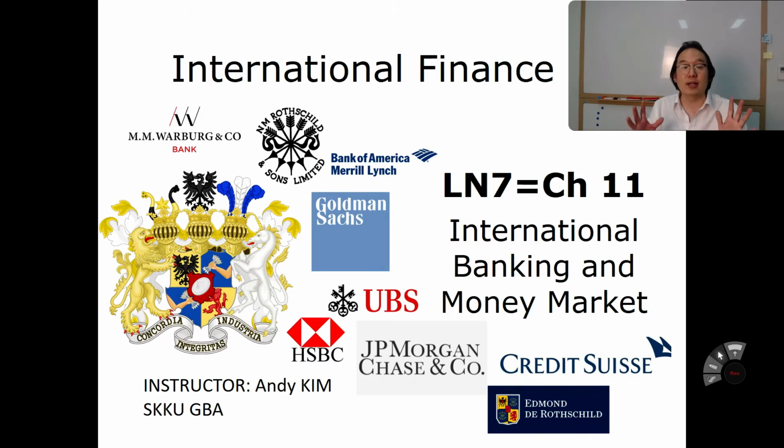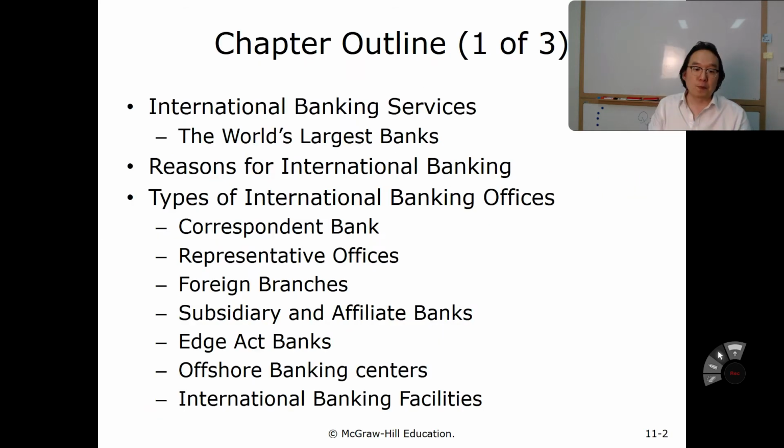But before that, we need to set up some good understanding about the international banking business itself. So let's go. Chapter outline, international banking services. You're going to see some of the largest banks list, and then the reasons for international banking and types of international banking offices. For example, correspondent bank.